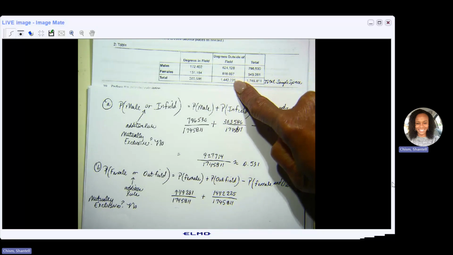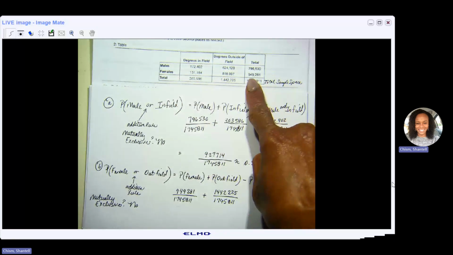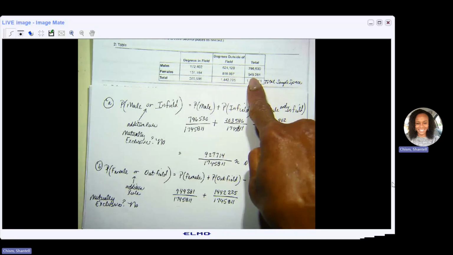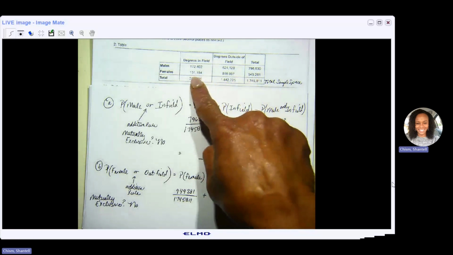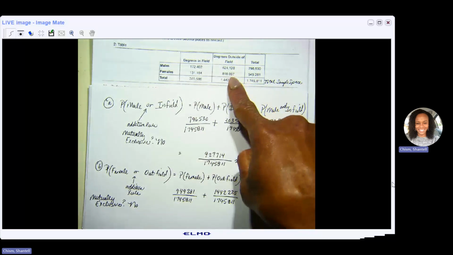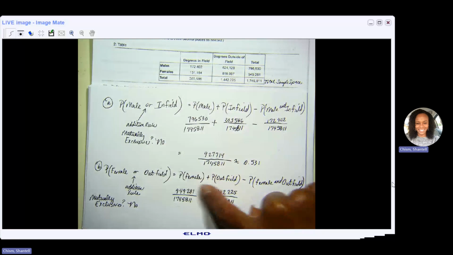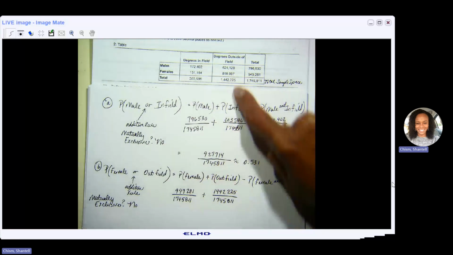Okay, now look at the female row. This is the total number of females. That total number is counting the number of females who earned a degree in field and outfield. So if you think about it, this number right here was counted twice. It was counted in this total and this total. So we have to subtract that.